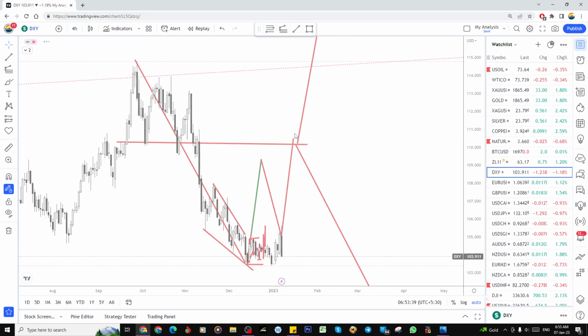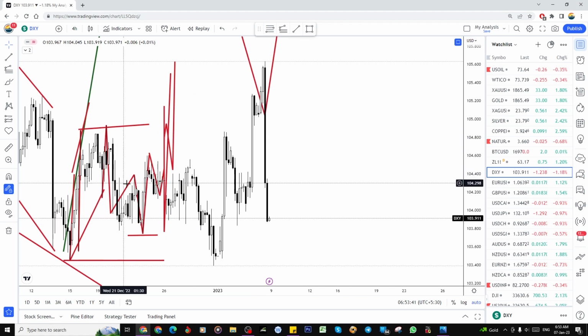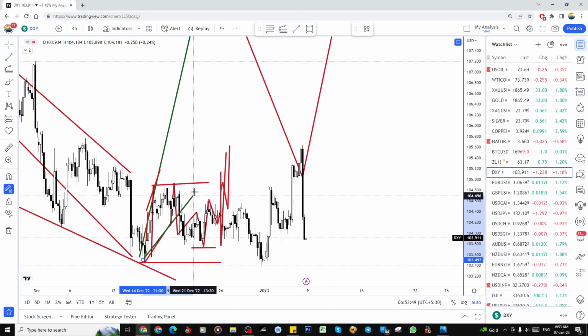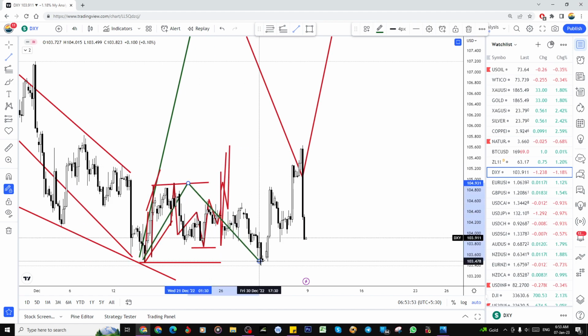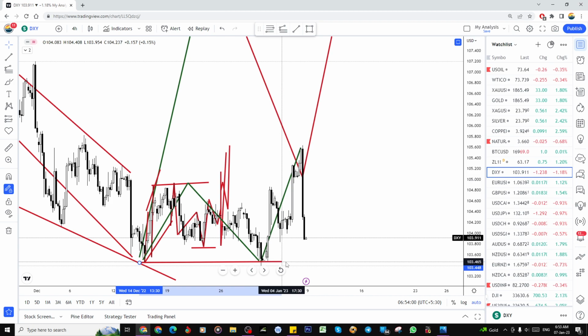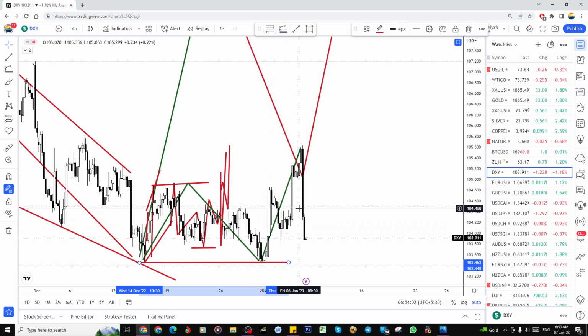And in the 4-hour chart, it's the same as what I was expecting, it has already done it here. It's a little bit deeper and it looks like it has already broken this low again, right?